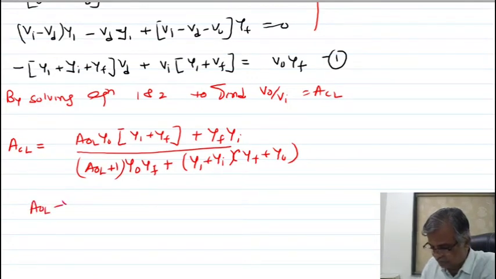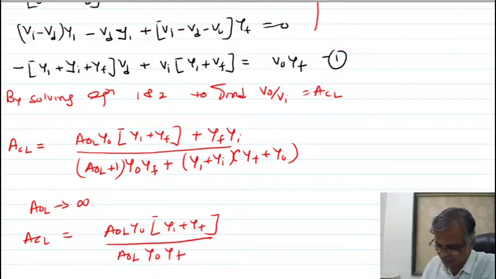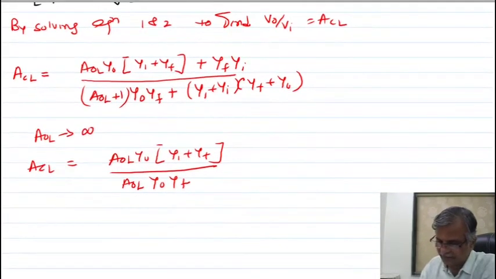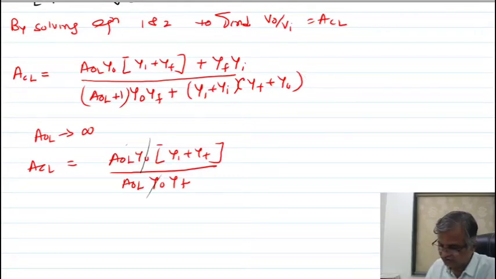If AOL tends to infinity, then the above equation can be written as AOL YO into (Y1 plus YF) upon AOL YO YF. The other term is small compared to this infinite term, so it will be neglected. So this is cancelled, and I can write (Y1 plus YF) upon YF.